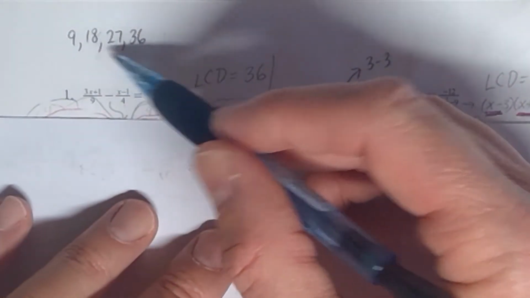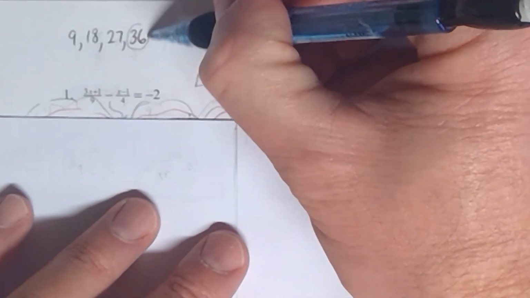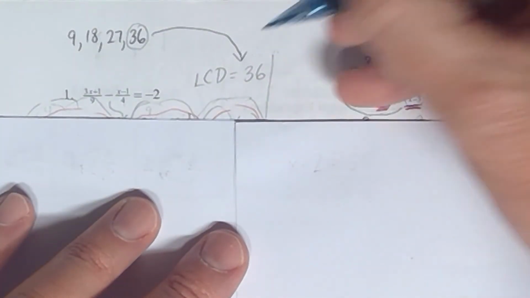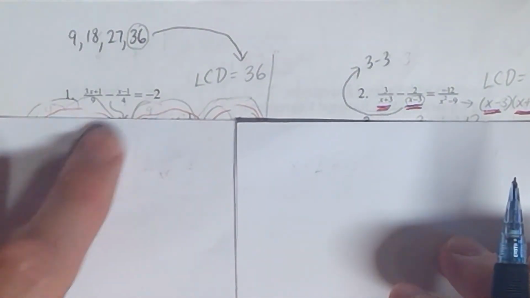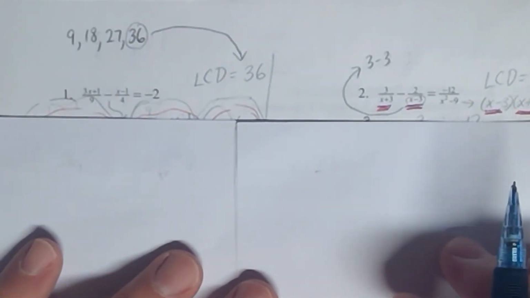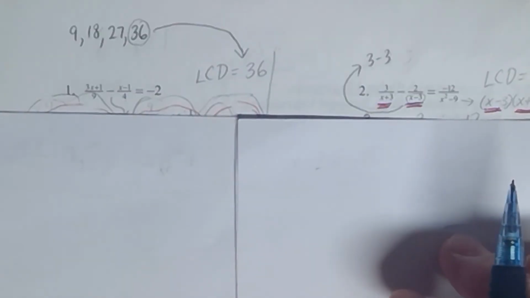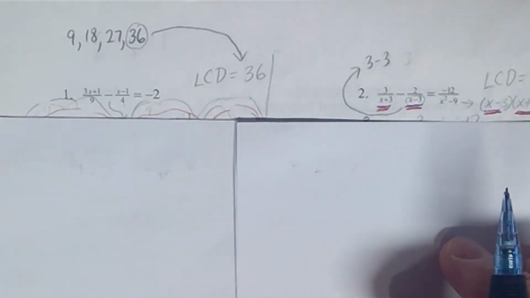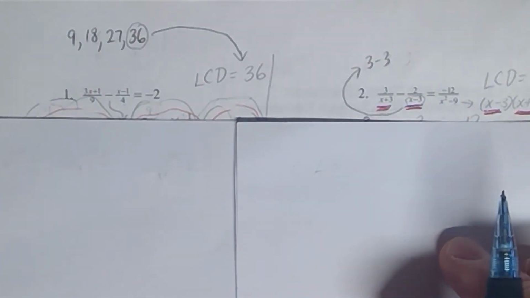And 36 would be the smallest one that would work, and that's why 36 is the LCD. That's what you do if you just have no variables. You just have a couple of single constant numbers there. We did that in 8.3 as well, at least for part of the problem. When we did the coefficients, it works that same way. So 36 is the LCD.